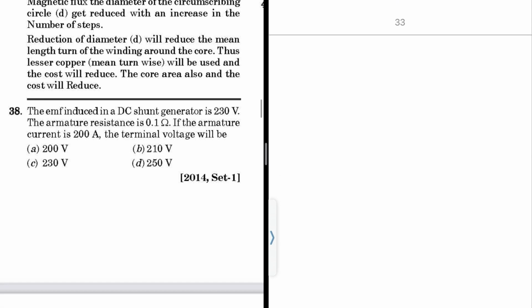Coming to the 38th question. They have given that the EMF induced in the DC generator is 230, so E equals 230, and the armature resistance is 0.1, and the armature current is 200 amperes. The terminal voltage is simple, direct: V equals E plus IaRa.